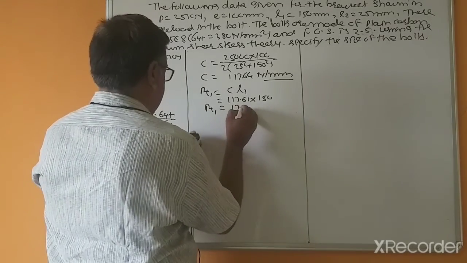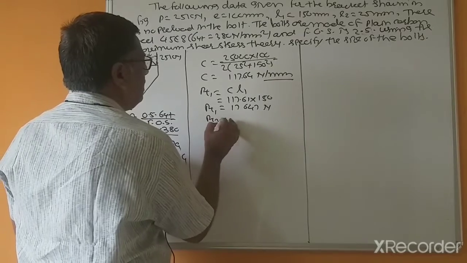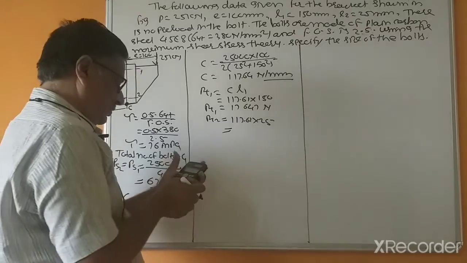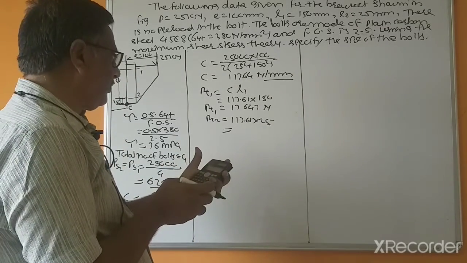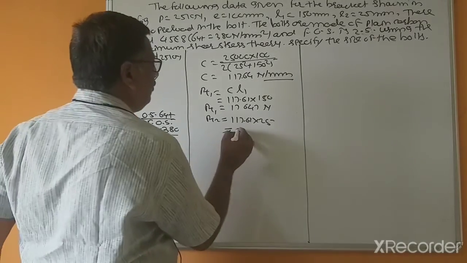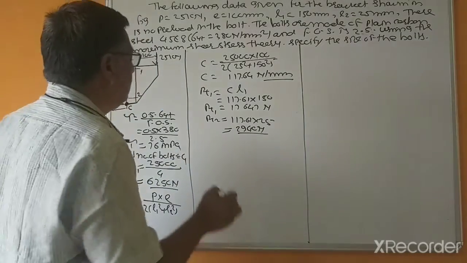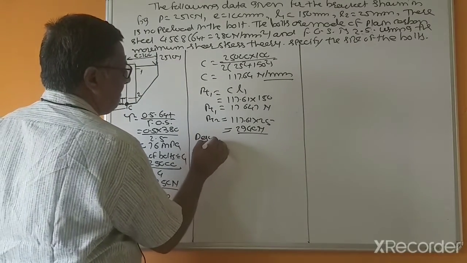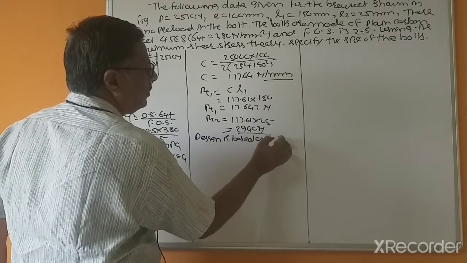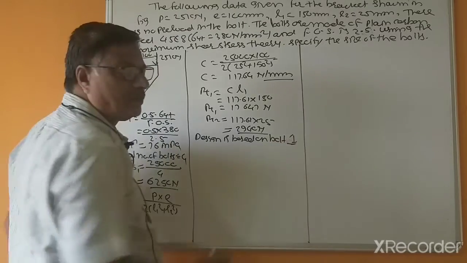This is 17,600, and this second bolt 117.61 multiplied by 25, this is 2940 Newton. That's why design is based on bolt 1. This is clear.